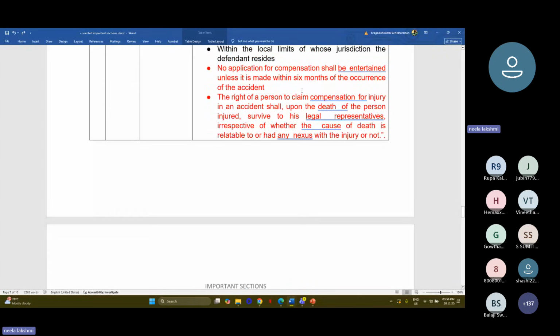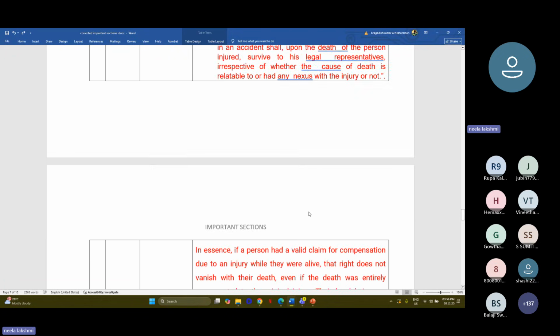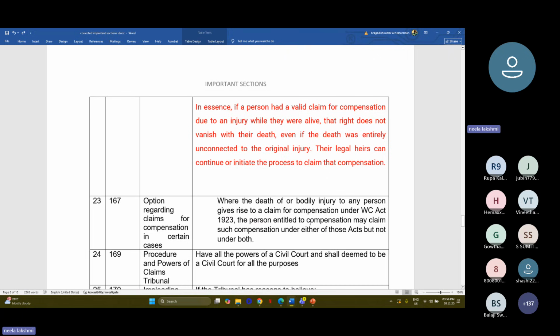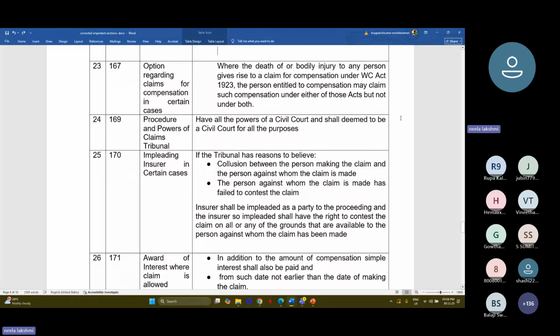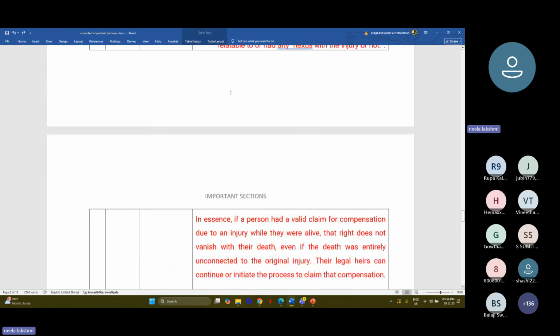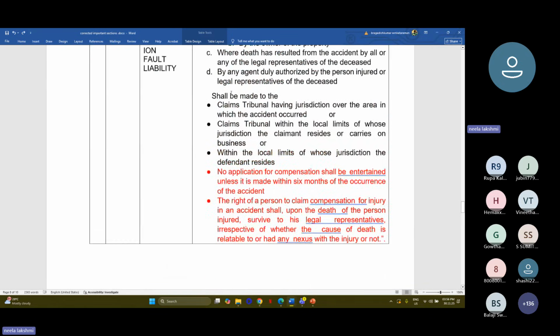First, a 6 months limit for filing the application is imposed. Next, legal representatives of the deceased injured person can continue their rights to claim the compensation of the injured person. These are the two major amendments in section 166. It is a very, very important section.